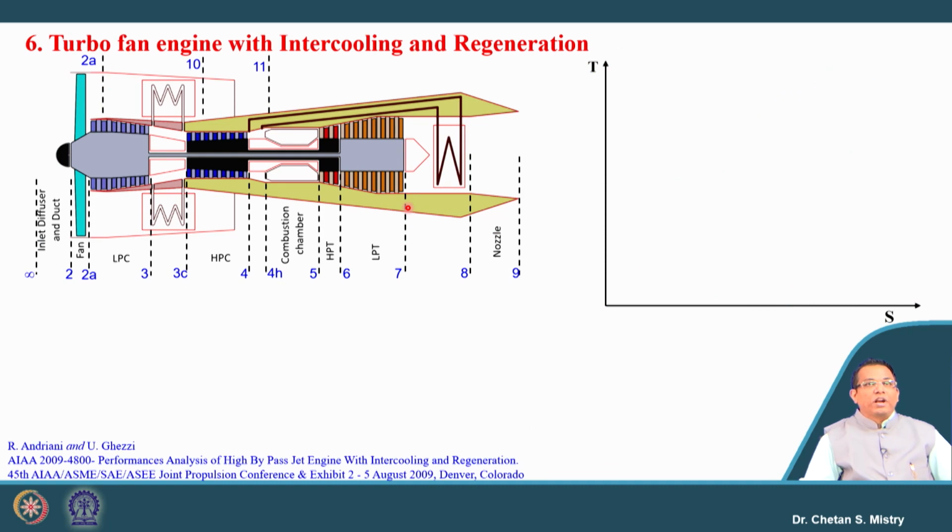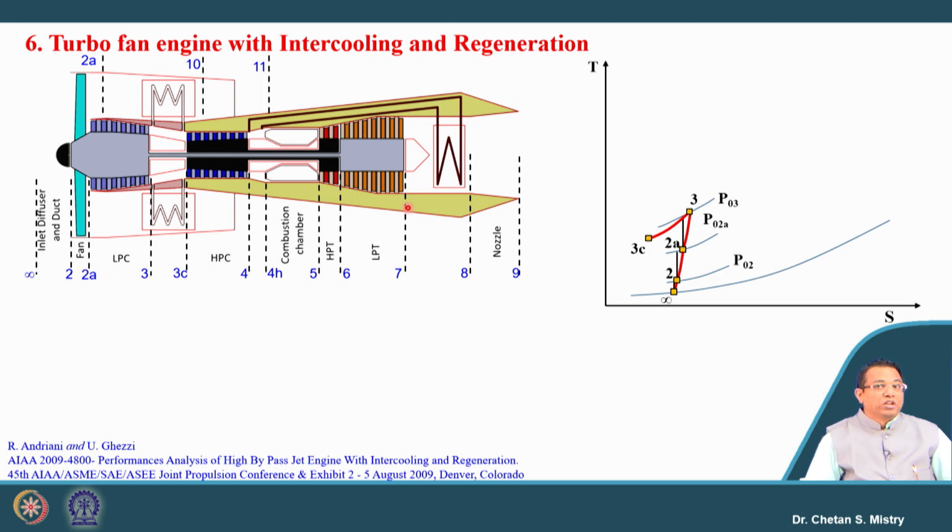Okay. Now let's try to understand the cycle we are discussing in terms of my actual process. In actual, this is representing my actual process in intake, and this is representing my actual compression work in the fan. Here, this is representing my intercooler work.